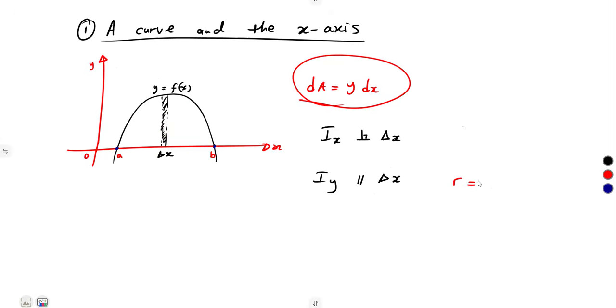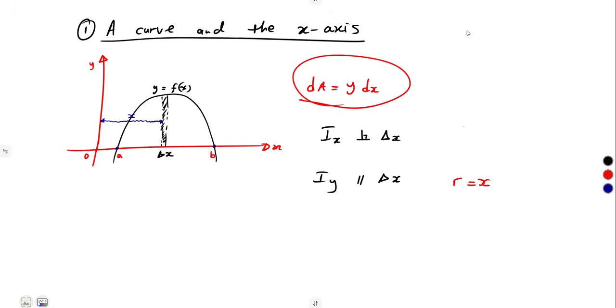Equal to x. The r now is the perpendicular distance from the reference axis. So that one is going to be considered as x. All right.